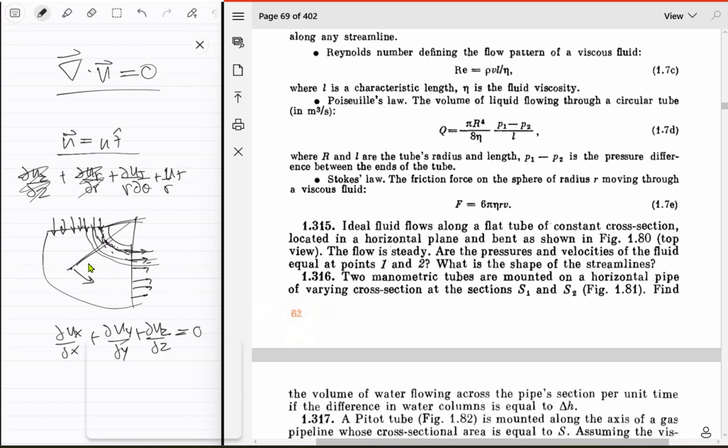But I'm sure I did have an extra term, right? Does this look like at any point you have positive divergence or negative divergence? No, it doesn't look like that, right? Everything is just flowing, so divergence must be 0.